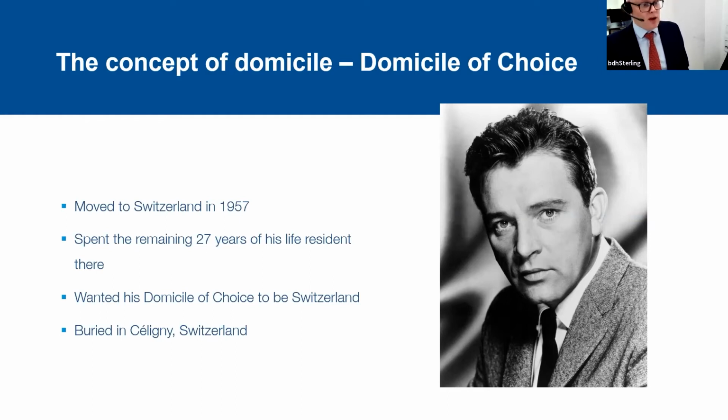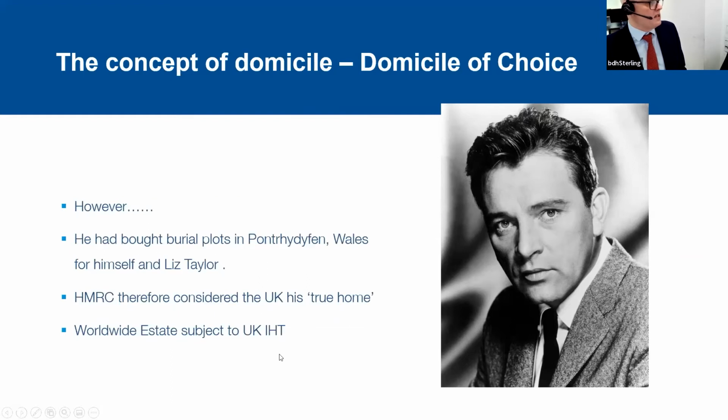He was born in Wales, a very proud Welshman, but because of the huge amount of income tax that he was paying from many movie projects he was involved in, he moved to Switzerland in 1957. He spent the remaining 27 years of his life resident there, and therefore he wanted his domicile of choice to be Switzerland. And in the end, he was actually buried in Switzerland when he passed away.